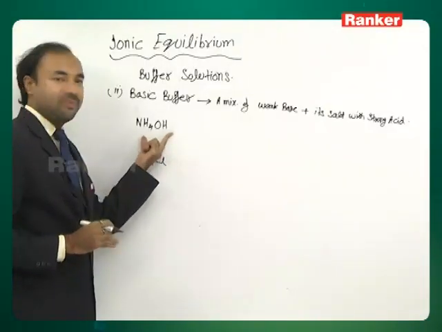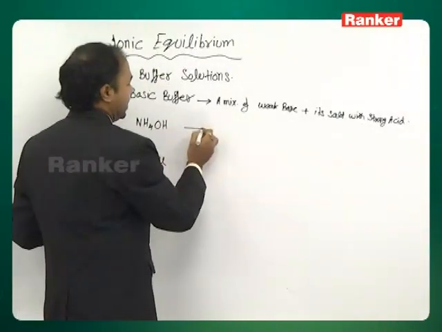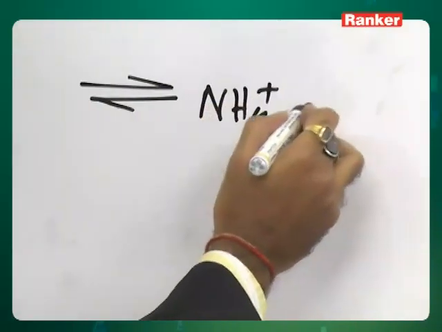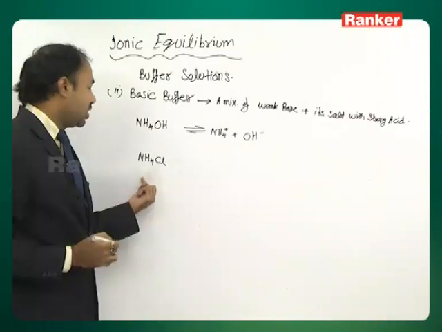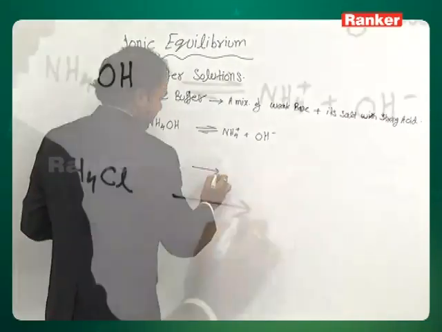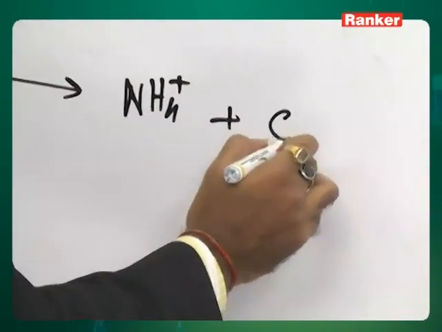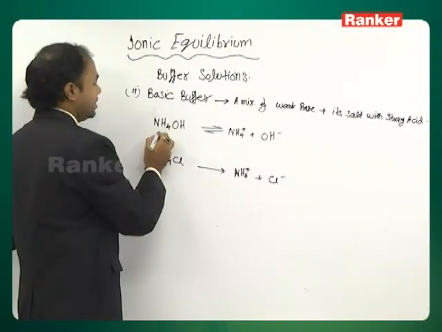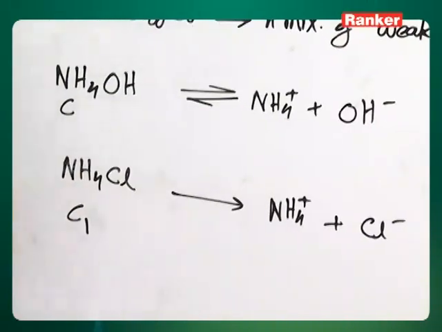Ammonium hydroxide, because of being a weak base, dissociates to establish an equilibrium between ammonium ion and hydroxyl ion. Ammonium chloride, because of being a salt, we assume dissociates completely to give ammonium ion and chloride ion. We assume the concentration of ammonium hydroxide is C and ammonium chloride, the salt taken, is C1.